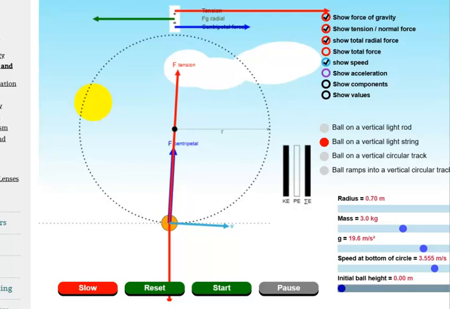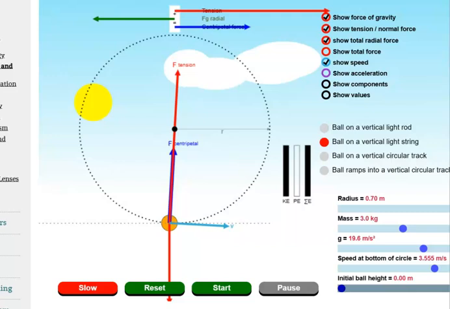So we're going to look at a few questions where we're revising our understanding of that and using it, and then we'll bring in the issue of the tensions and so forth, and how we can link the conservation of energy with looking at the sum total centripetal force. Okay.